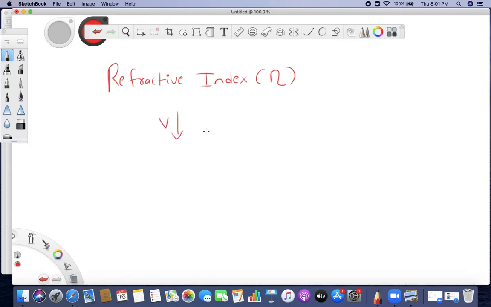If the velocity is less, the refractive index will be more, and if the velocity is more, the refractive index will be less. Simple. When is the velocity less? When the density is more. When your density is more, your velocity decreases automatically, which increases your refractive index, because your light bends more.